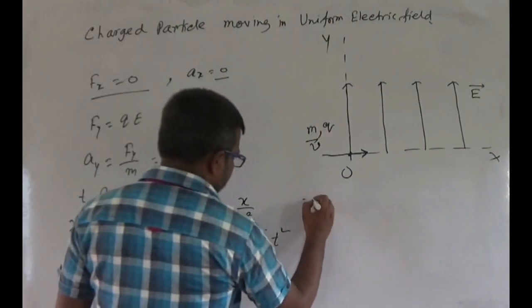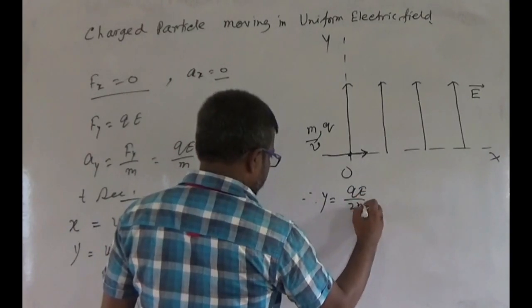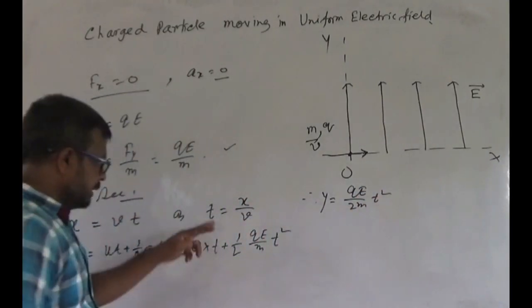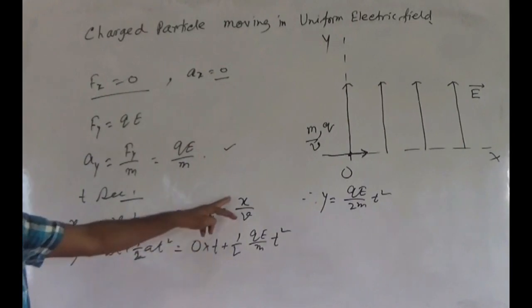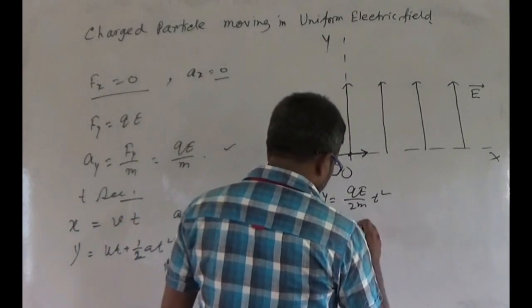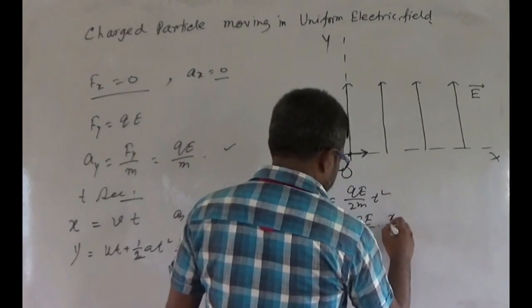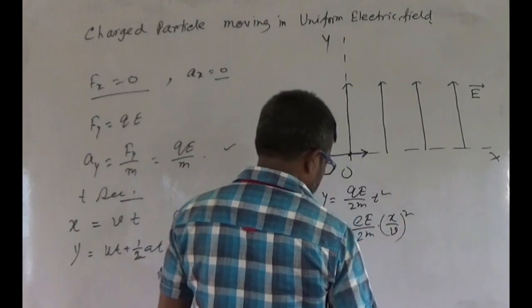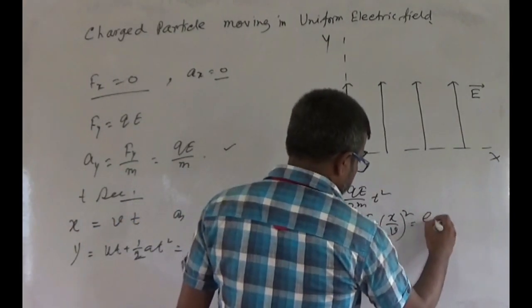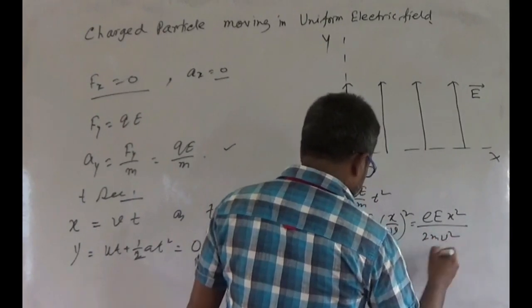Therefore we can write y is equal to qE by 2m into t square. Just replace t by x by v. Therefore we get y is equal to qE by 2m into x by v whole square. Therefore we get y equal to qE x square divided by 2m v square.